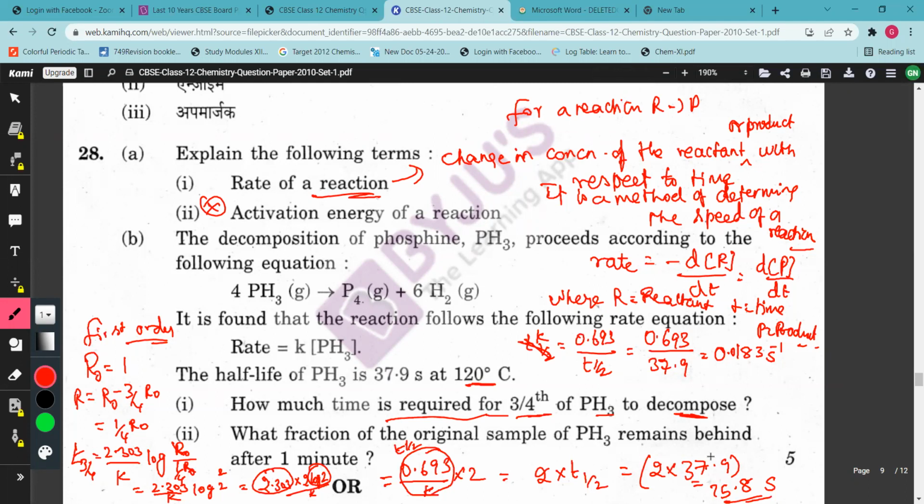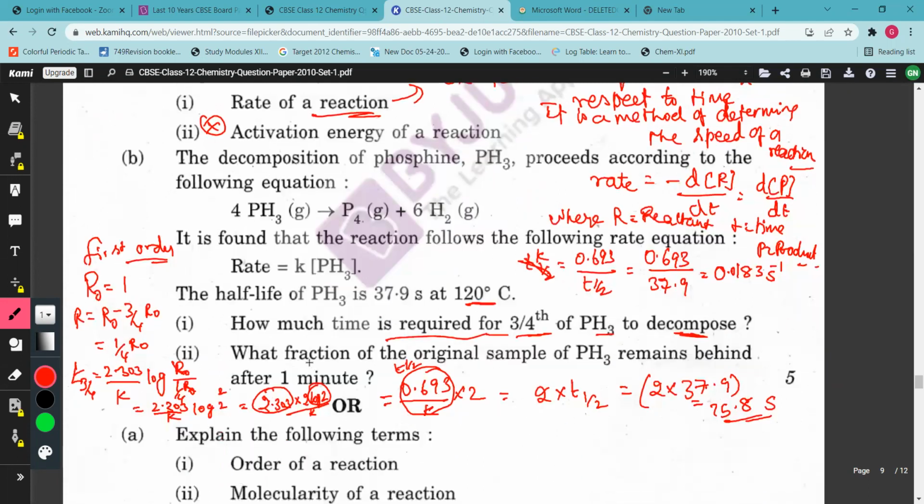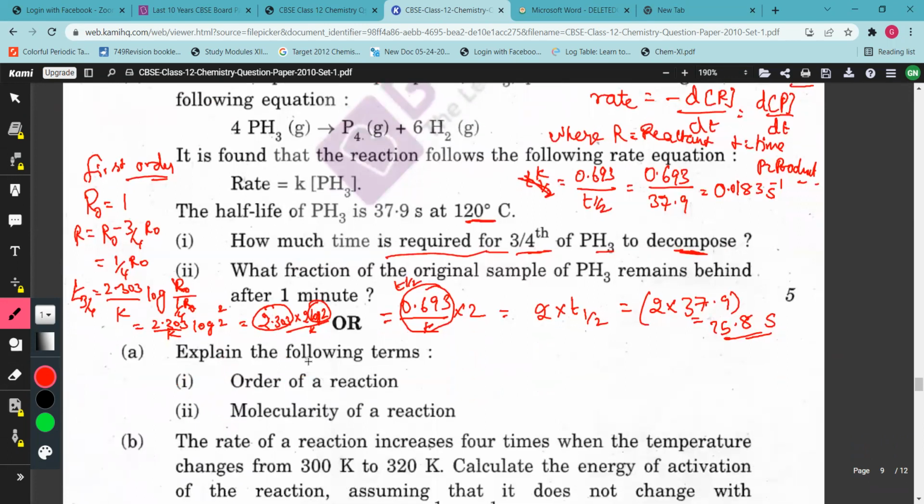Yes, we need K because we are asked to calculate what fraction of the original sample of PH3 remains behind after 1 minute. So how will you do the next part? Anyone, you know the method? What fraction of the original sample of PH3 will remain behind?